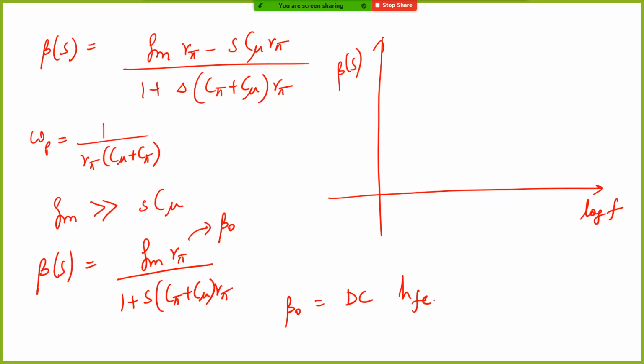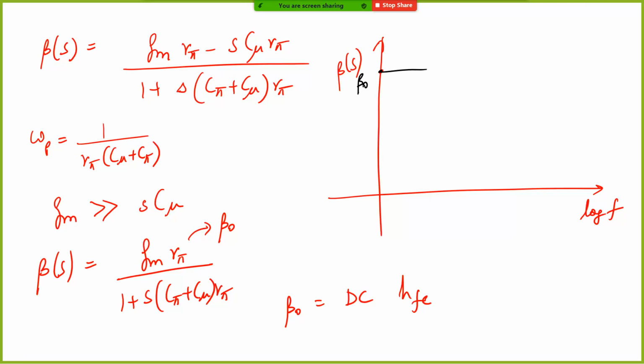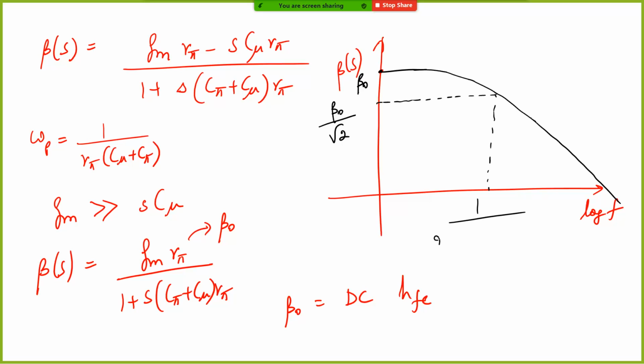So with frequency, you will know that it is going to start at beta naught at DC. And as the frequency keeps increasing, you will start having something like this. If you calculate beta naught divided by root 2, that frequency will be 1 by 2 pi R pi into C mu plus C pi.